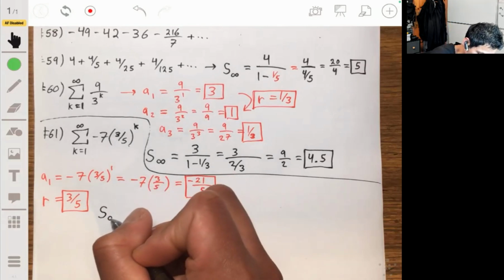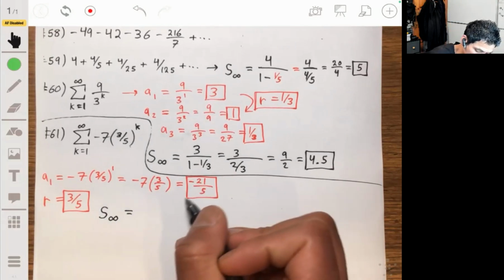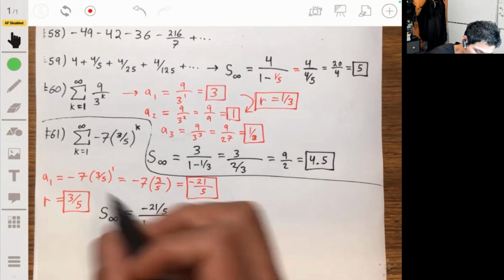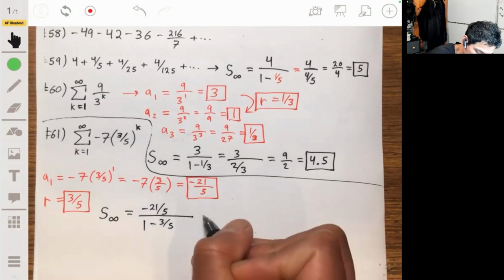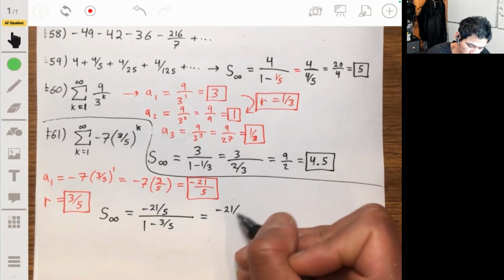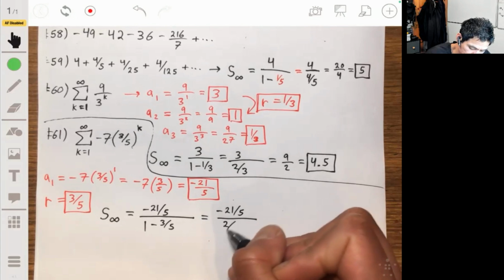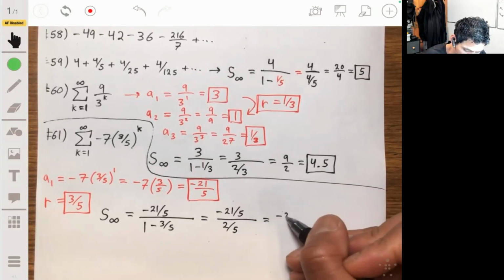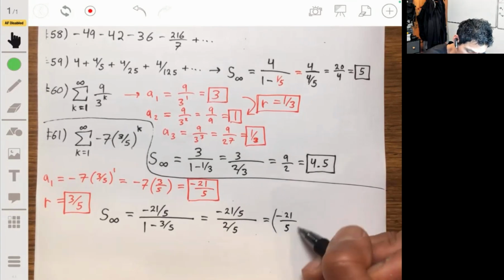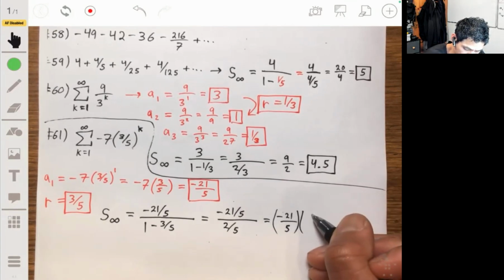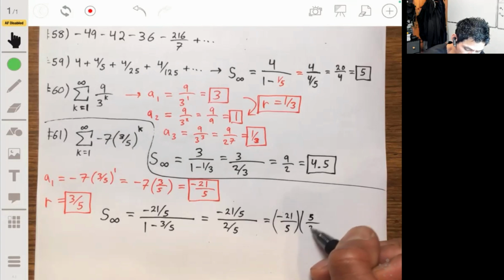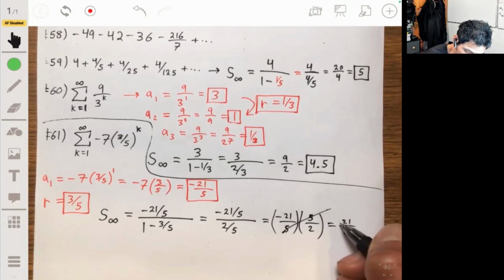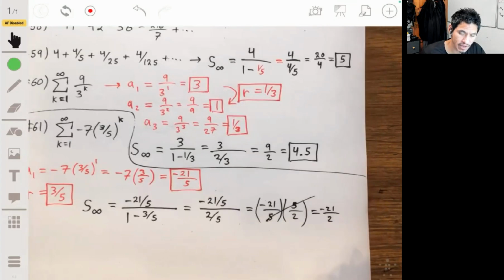And then S infinity will be A1, or -21 over 5, all over 1 minus 3/5, which will be -21 over 5 over 2/5. -21 over 2, because again, using fraction math, this is going to be the same as -21 over 5 times 5 over 2. These 5's cancel, and you get -21 over 2, which is just -10.5.